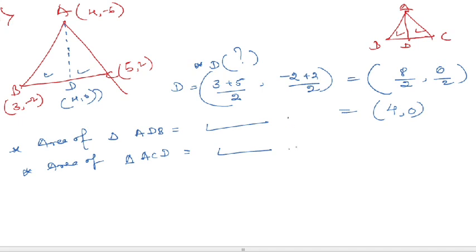Both results will be the same, then you have to write the therefore statement here. Therefore area of triangle ADB is equal to area of triangle ACD. We have to verify this in this way. So by using the formula half in the bracket x1 in the bracket y2 minus y3, using this we can solve, then we can verify, which is similar to previous problems. Do this one also.